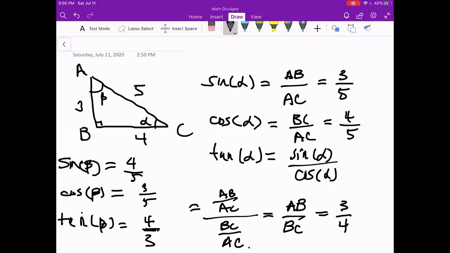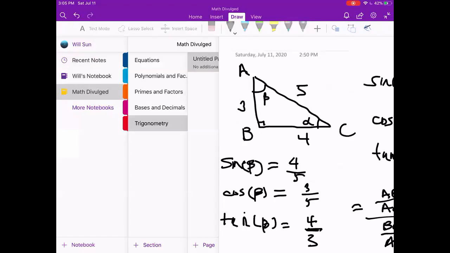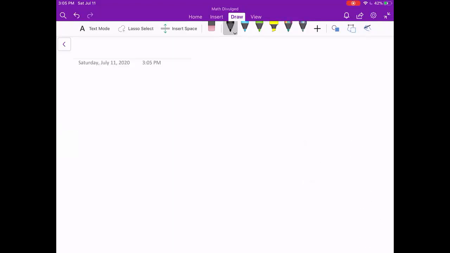And let's move on, let's talk about these values for specific angles. So let's consider a 45, 45, 90 right triangle. I'll try to draw it, oh my God, that's not very good.